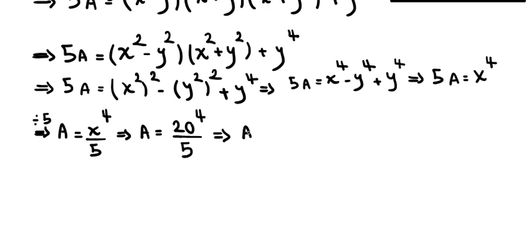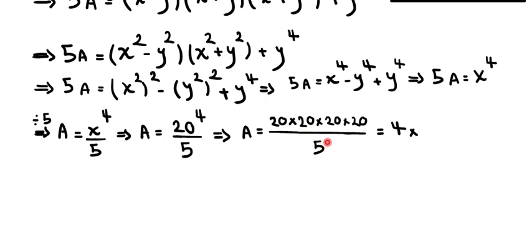is the final answer, and we can write 20 multiply 20 multiply 20 multiply 20 over 5. We know 20 divided by 5 equals 4, and we have 4 multiply 20 multiply 20 multiply 20.